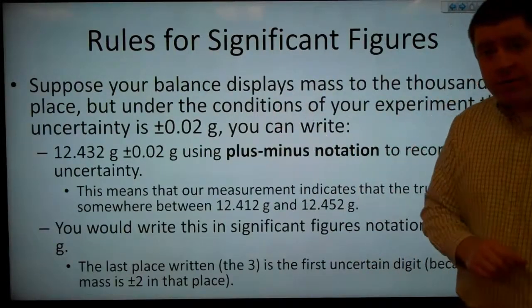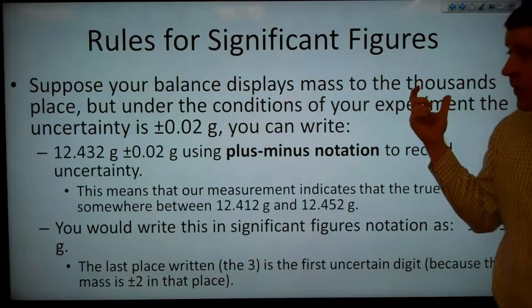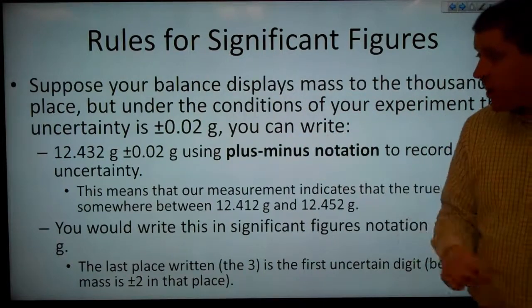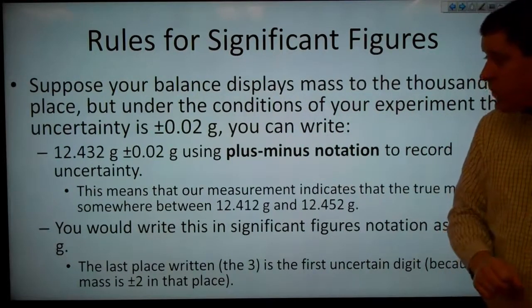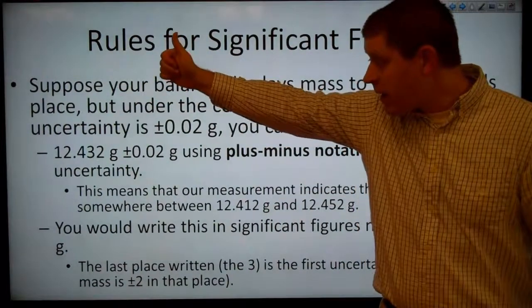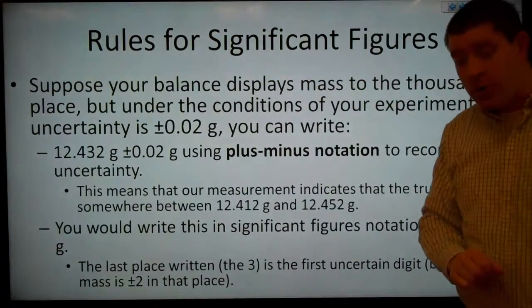Suppose you have an analytical balance, and your balance displays mass to the thousandths place, but under the conditions of your experiment, the uncertainty is plus or minus 0.02 grams. That means if your balance reads 12.432 grams, you can write 12.432 grams plus or minus 0.02 grams.